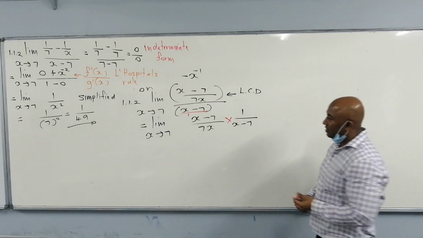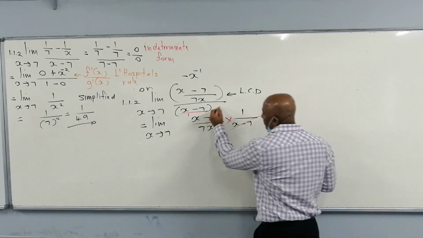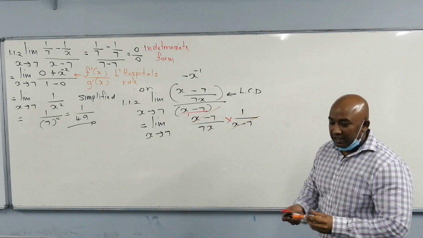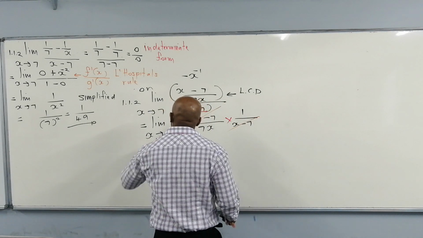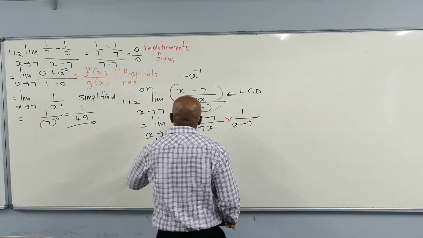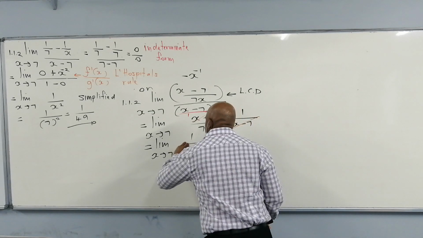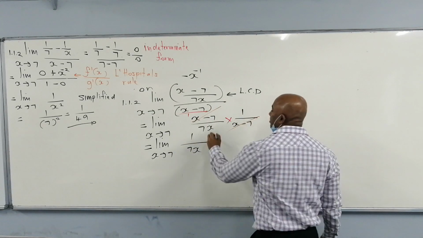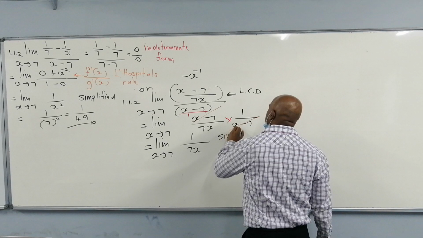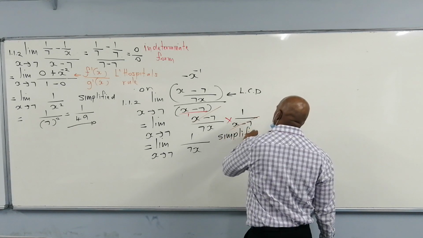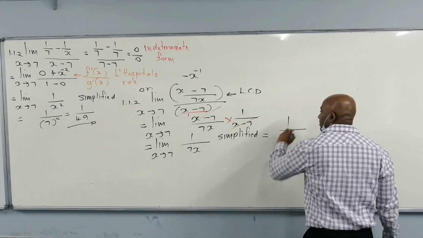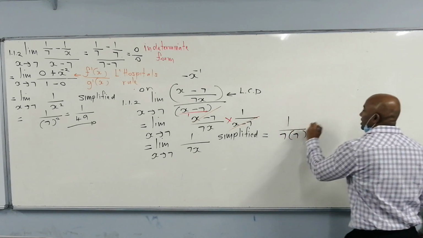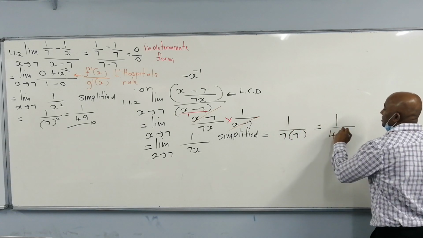So you can see that x minus 7 and x minus 7 will cancel. So I end up with just 1 over 7x simplified, which is equal to 1 over 7 times 7, which is equal to 1 over 49.